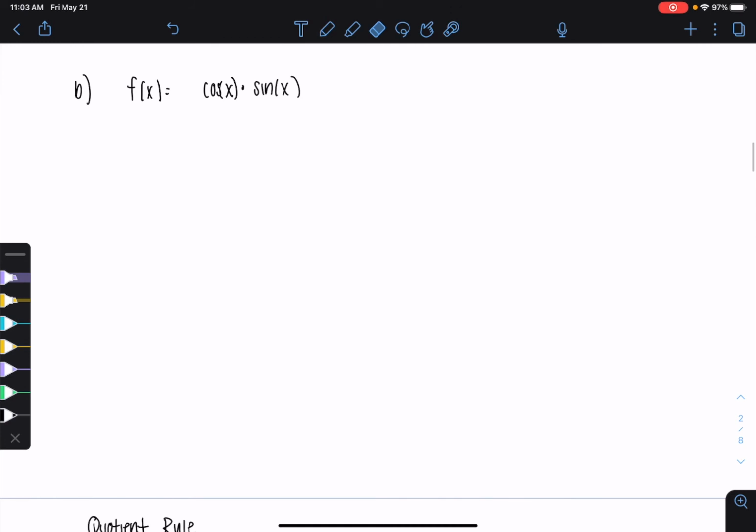All right, let's try a second one. Let's take the derivative of cosine times sine.